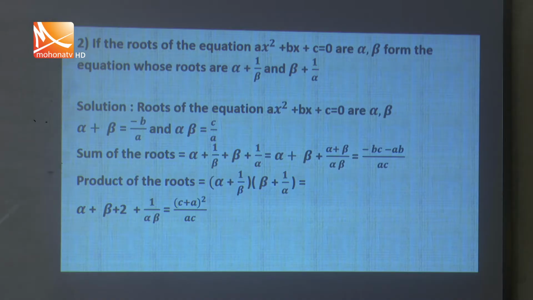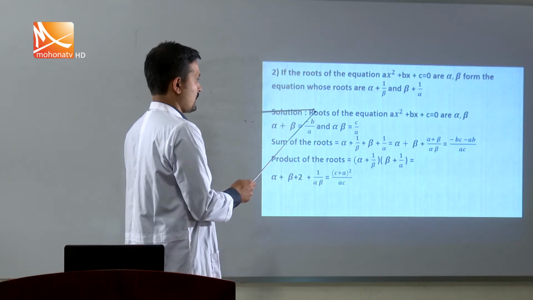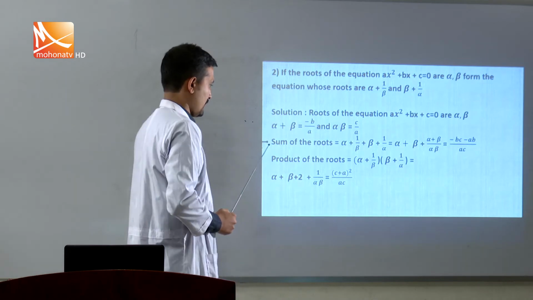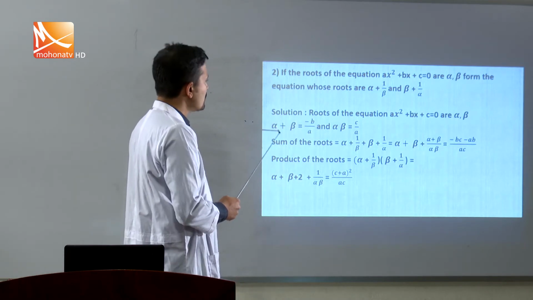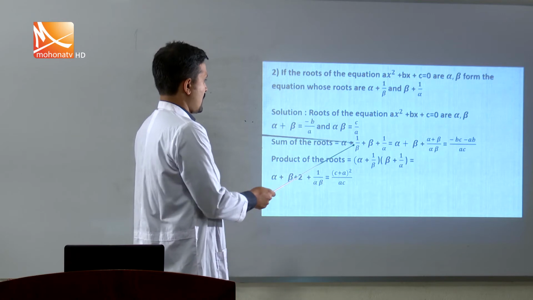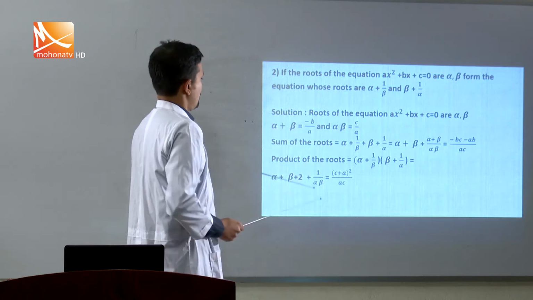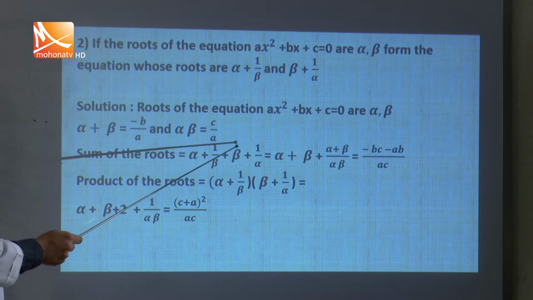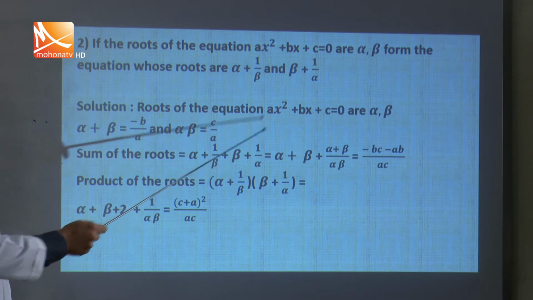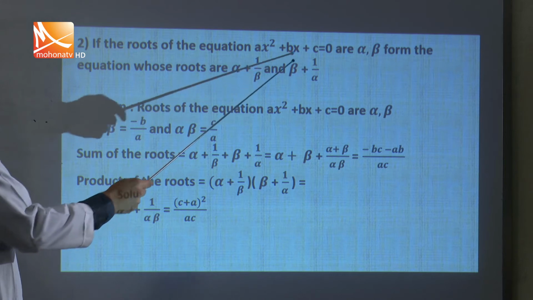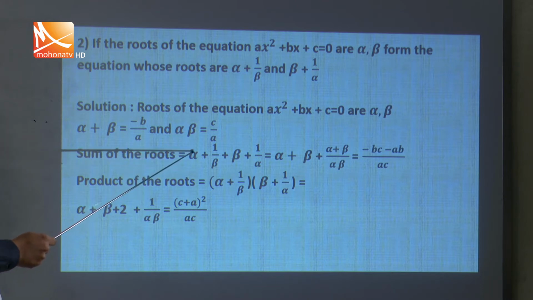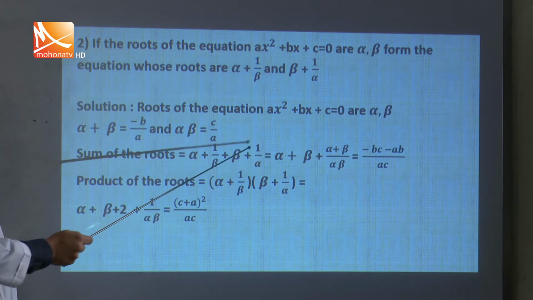Then the sum of the roots alpha + beta equals −b/a and alpha beta equals c/a. Now we find the equation with roots alpha + 1/beta and beta + 1/alpha.